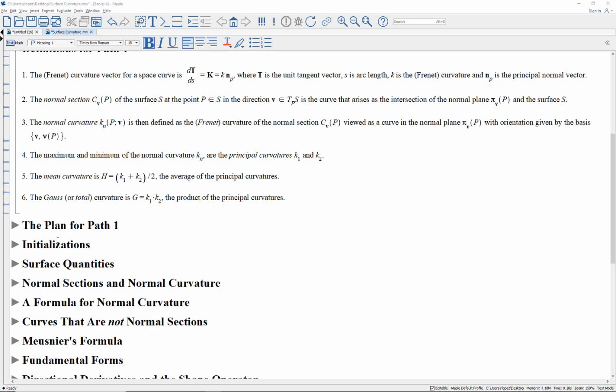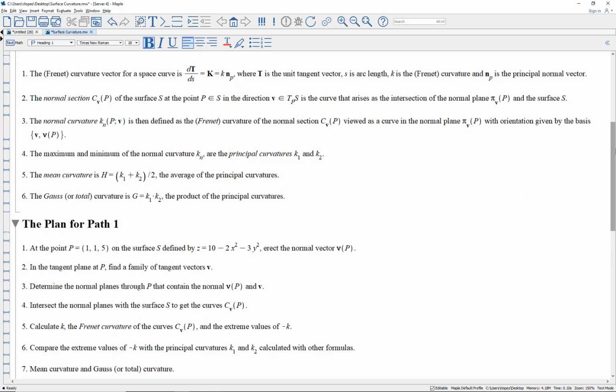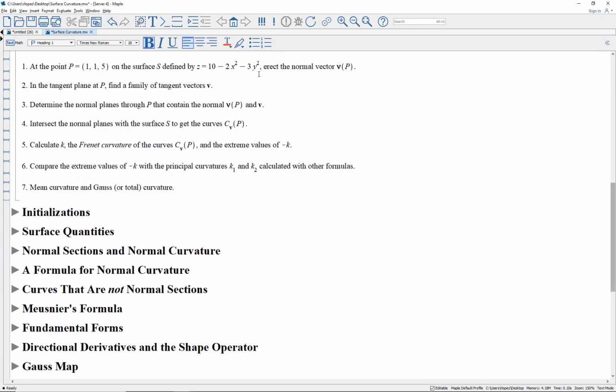So this is the plan that I followed as I walked along path 1. I took an example, took a surface. This was my surface. And I looked at one point, 1, 1, 5. I needed to get the tangent plane so I could get a family of tangent vectors, and I needed a normal. Well, the normal is easy to find.